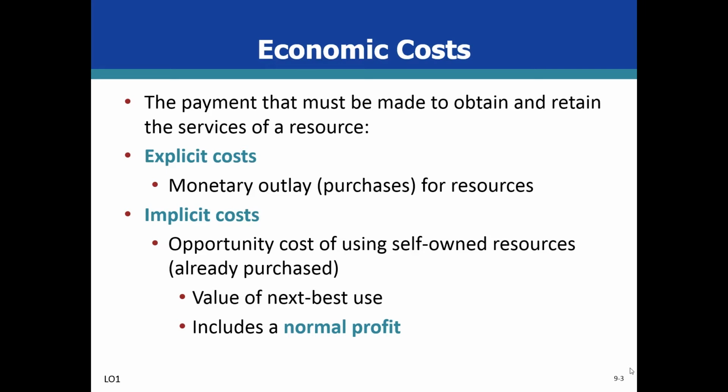On the other hand, there are also implicit costs, a slightly more difficult concept to understand. Implicit costs take into account resources the firm already owns, so they could be used to make something else.